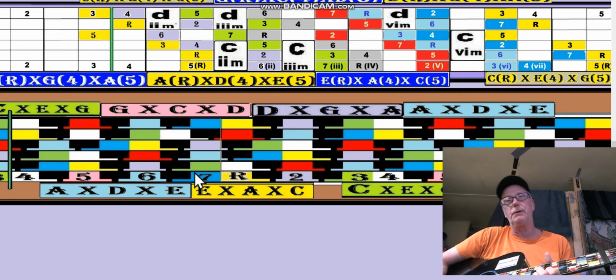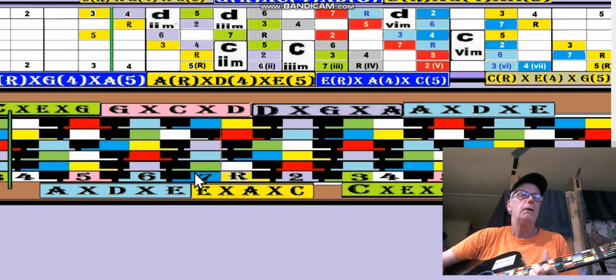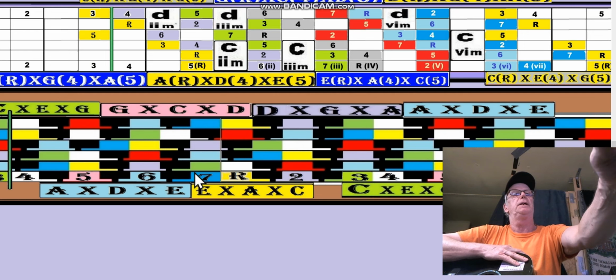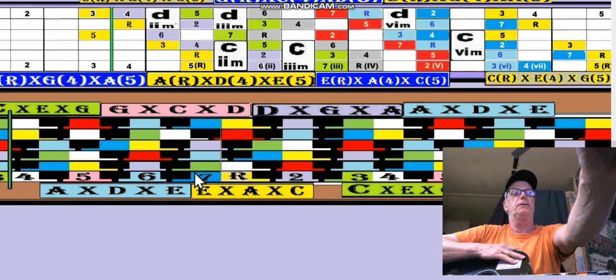so guess what we can do? If you notice, a G is G, B, D, and G again, right?